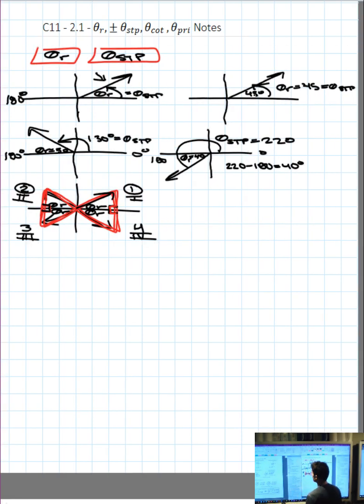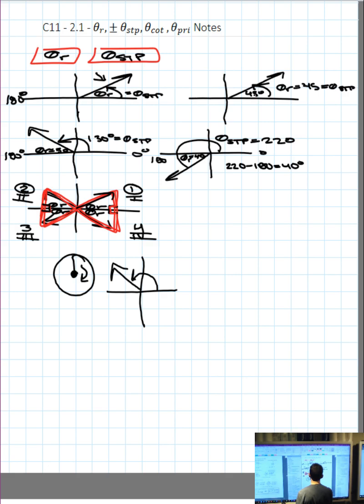Okay, so now let's talk about clockwise and counterclockwise. So remember, this is a clock, and the hands go this way around. So that's clockwise. So regular, as we've been talking about, let's say the terminal arm's here.